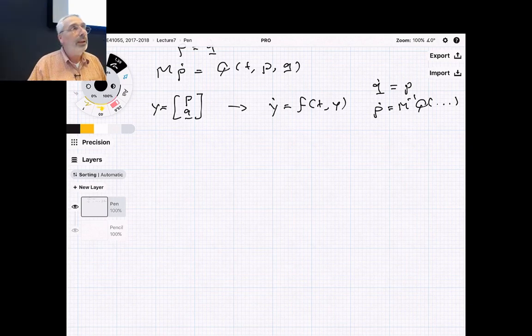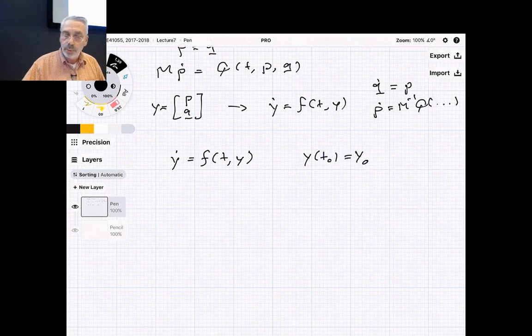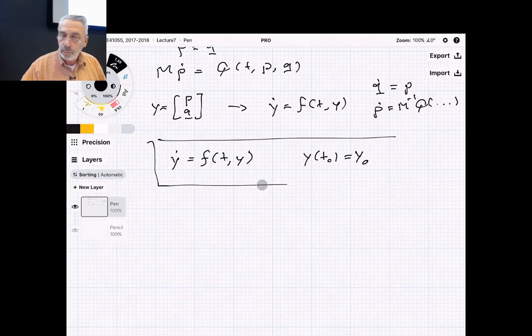The thing which we did up until now, maybe I have to reformulate, so the following problem: we have y dot is some function of t and y, with some initial values, that y at t0 is y0. This is our problem. This is what we want to solve.